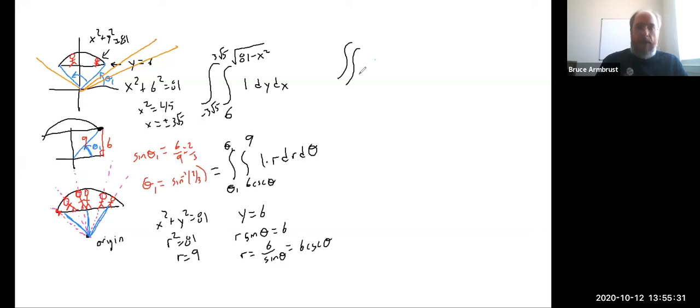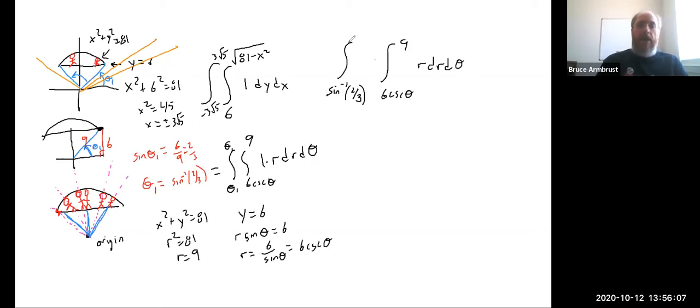This is going to be inverse sine of 2/3. So that's my theta 1. Whew. So then this is going to be 6 secant theta, 9 r d theta.